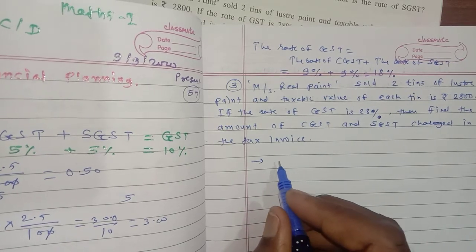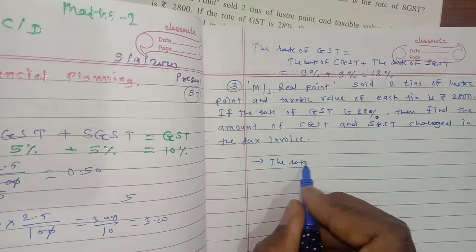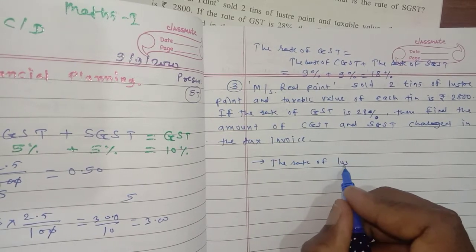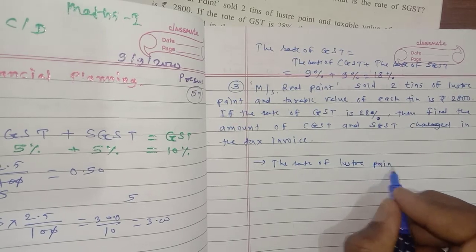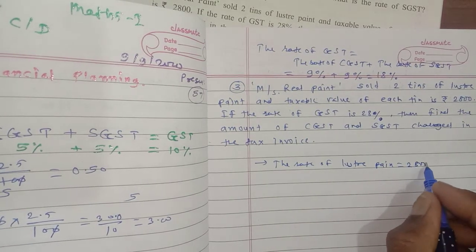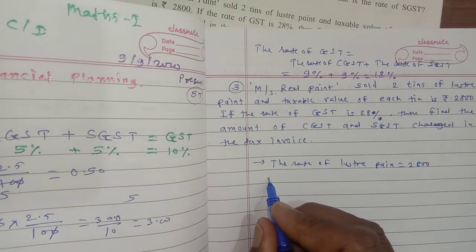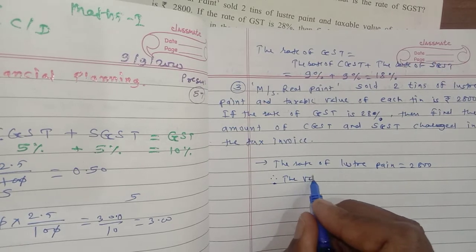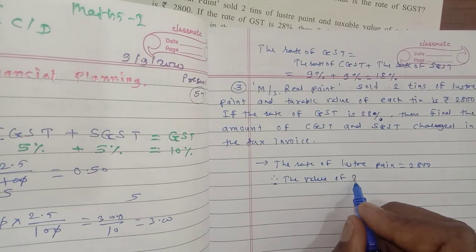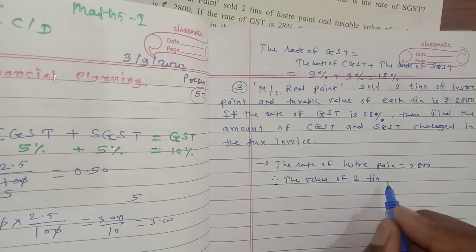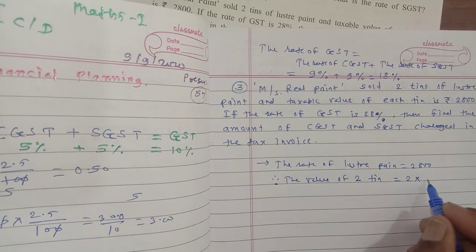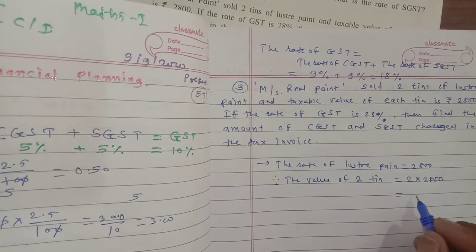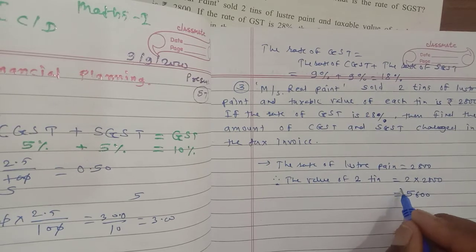The rate of luster paint is equal to 2800. Therefore, the value of 2 tins is equal to 2 into 2800, is equal to 5600 rupees.